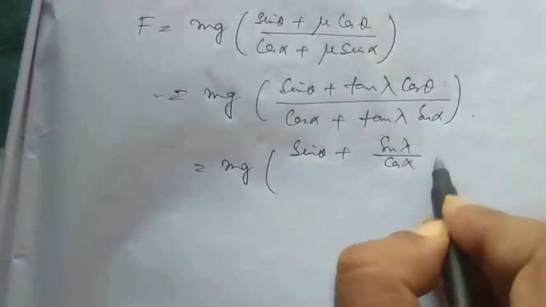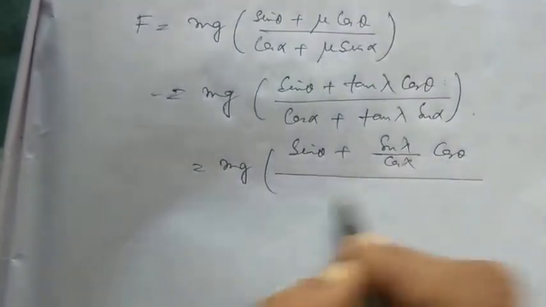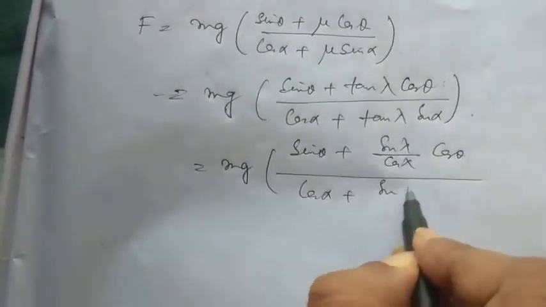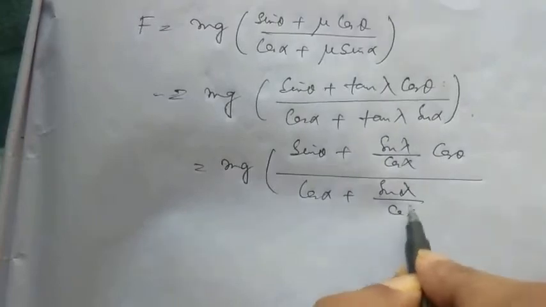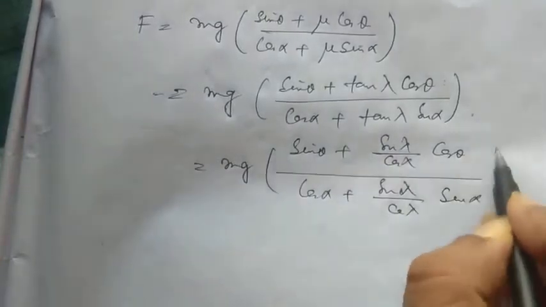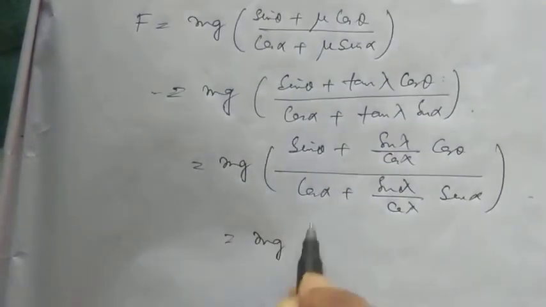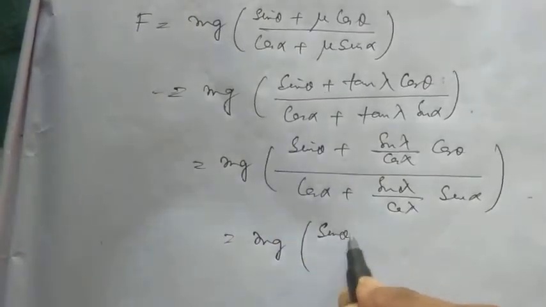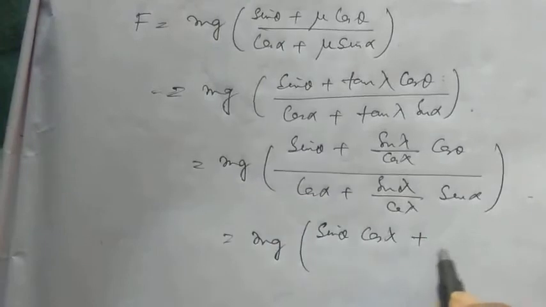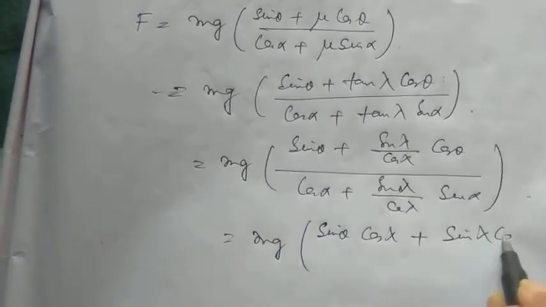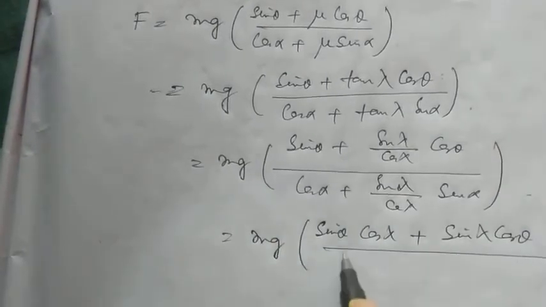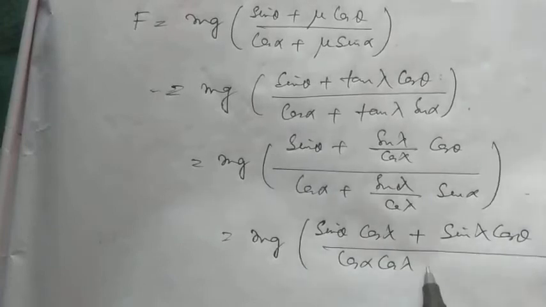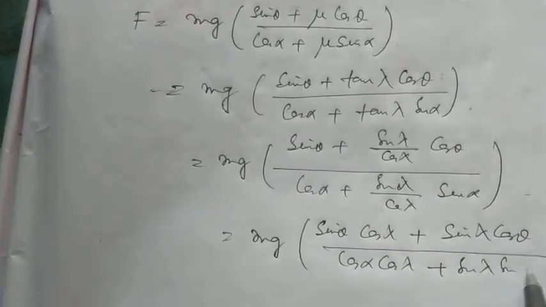Multiply the numerator and denominator with cos lambda, we get sin theta cos lambda plus sin lambda cos theta by cos alpha cos lambda plus sin lambda sin alpha.